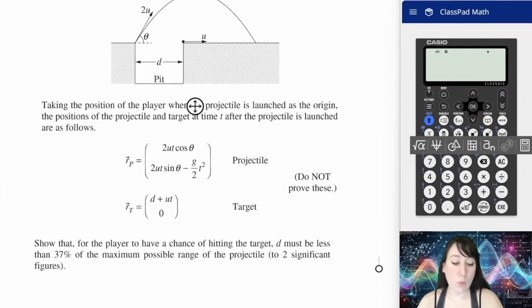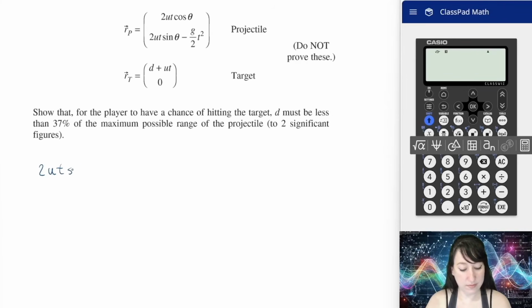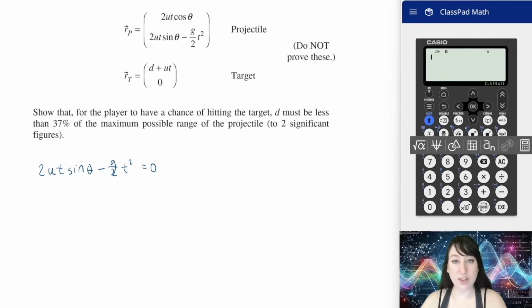We want to know when the projectile reaches the ground level. So let's take the vertical components of the projectile and find when it's equal to 0. Let's factorize it.